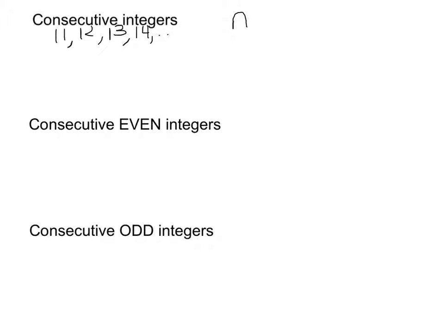Well, if I'm looking at my list of consecutive integers and I want to go from one integer to the next, what operation have I performed if I'm going from 11 to 12? Well, I've added 1. If my first number is going to be n, then my second number is just simply going to be n plus 1.